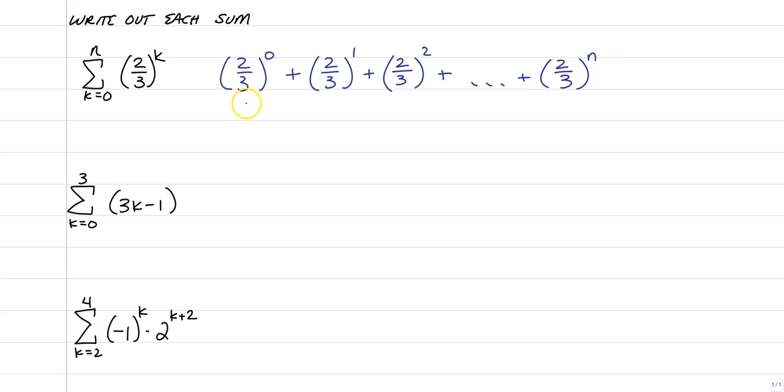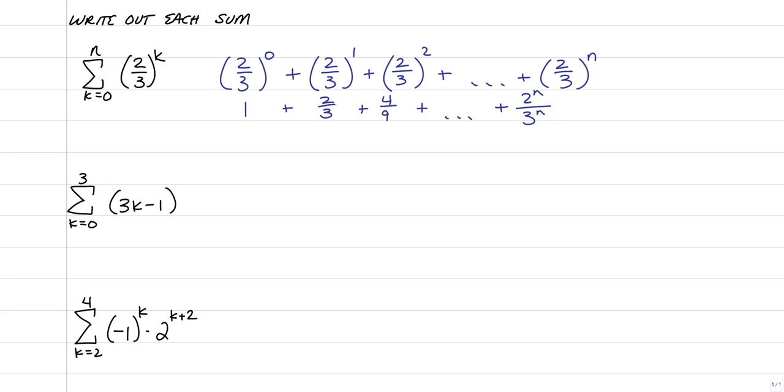Of course, 2/3 raised to 0 is 1, plus 2/3 raised to the first power is 2/3, 2/3 to the second power is 4/9, and then plus dot dot dot all the way to 2 to the n over 3 to the n.